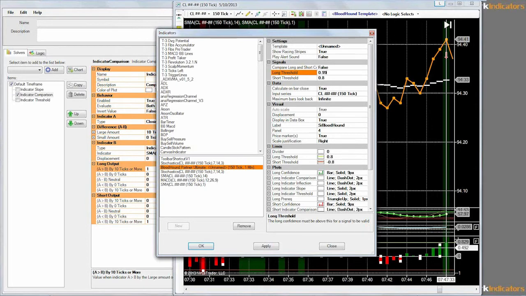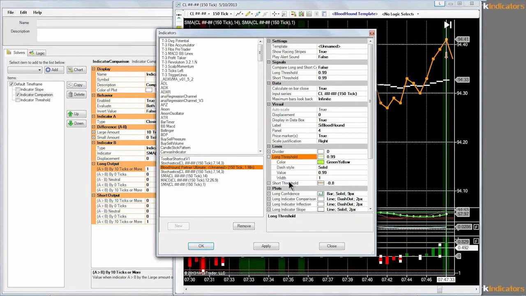You could change it to like 99. So you could require your solvers to meet 99% confidence, and that's going to make it a lot more stringent. So I'm going to change this to 99, and I'm also going to make the threshold lines a little easier to see here.